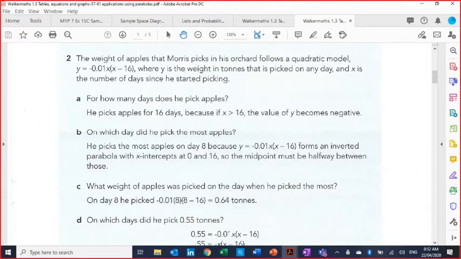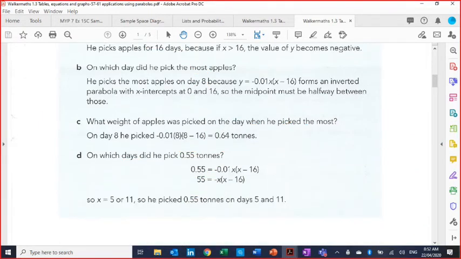Now when you do that, you get x equals 5, and you get x equals 11. Remember, this is a quadratic equation, so you're going to end up with 2 answers when you solve these. Okay? So when you do that, you get 2 answers, 5 and 11.